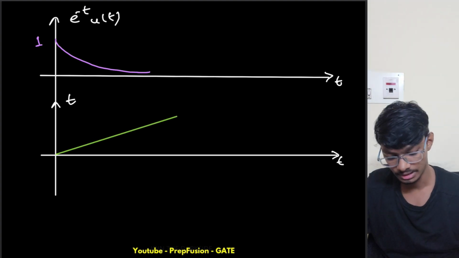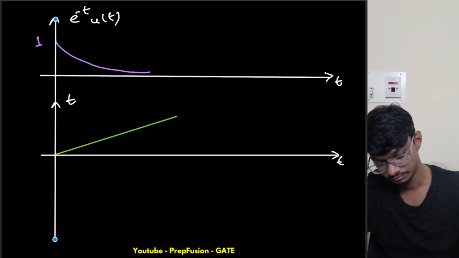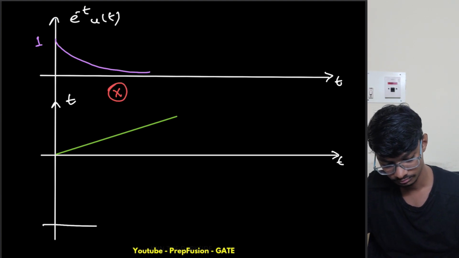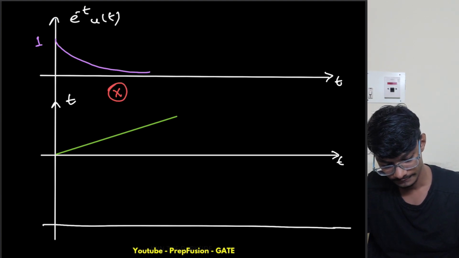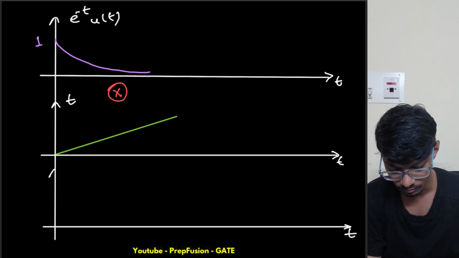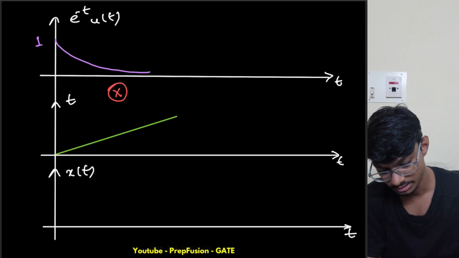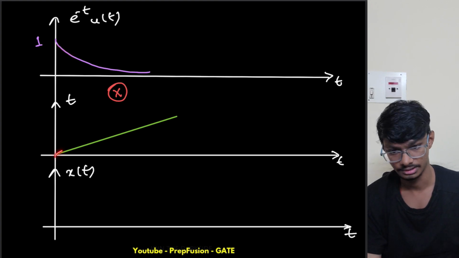So what is happening is, if I multiply these two, what I will get as x of t is that initially this is decreasing and this is increasing, right?